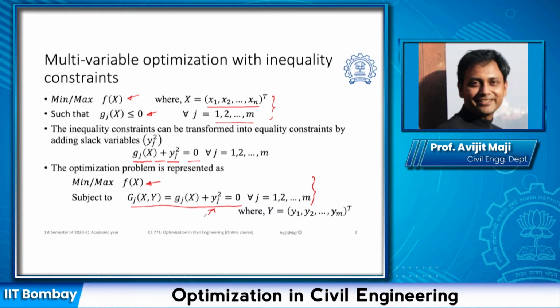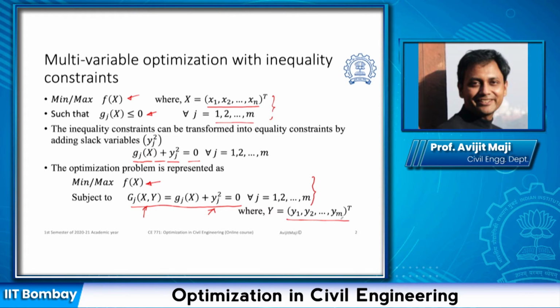Since yj square is a variable, it is considered in the constraint function as capital Y. And again, yj represents m number of variables, or it represents an m-dimensional array as shown here.